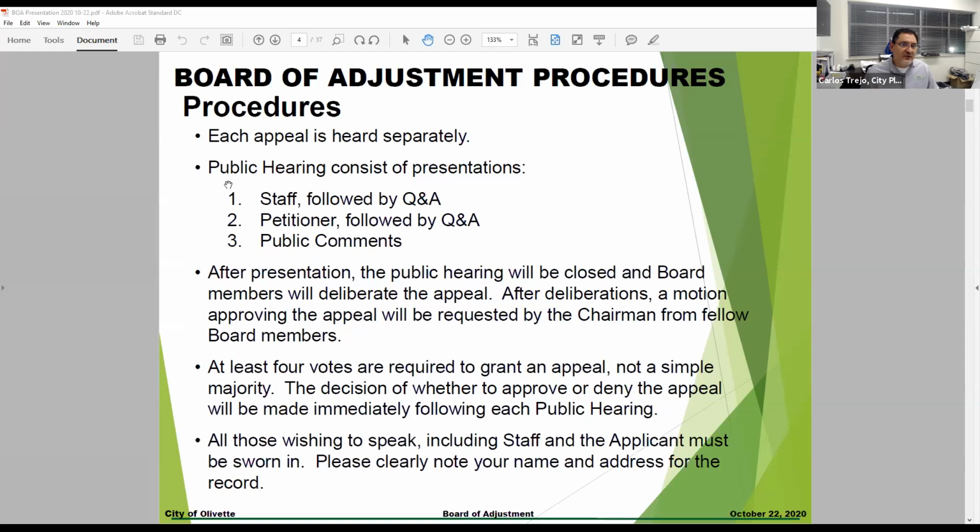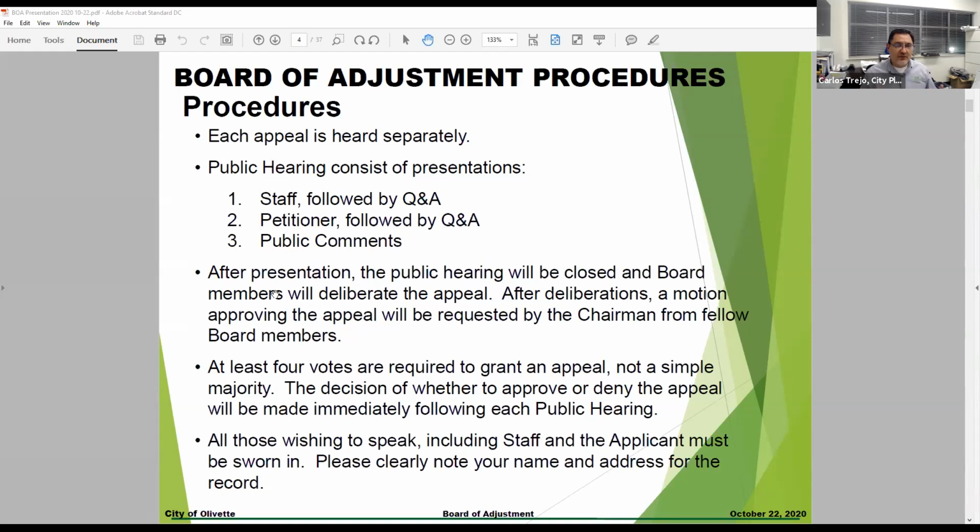Procedures: you remember each appeal is held separately. So we'll have one for 48 Enfield, and then after that is concluded, we'll have another one for 546 North Morrison Road. The process is that you would begin a public hearing for each. You would allow staff to do a presentation, followed by questions and answers, then the petitioner and the property owners, followed by questions and answers, and then allow for an opportunity for public comments.